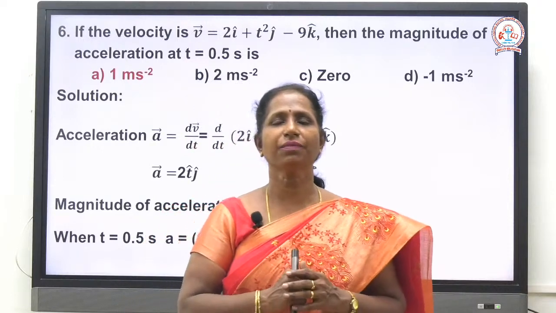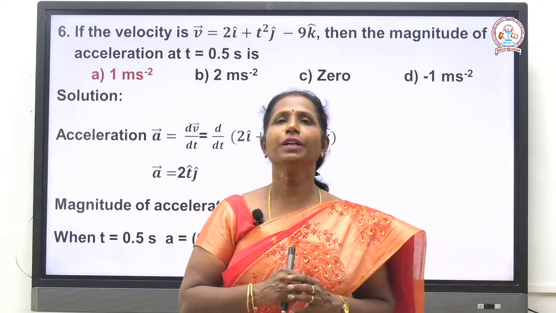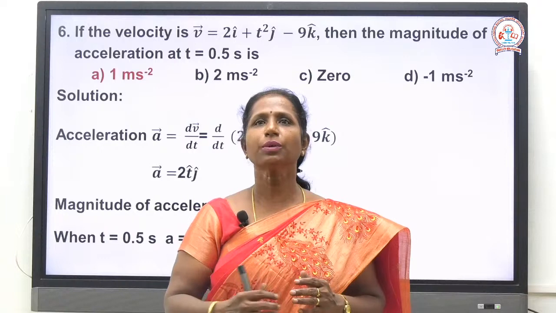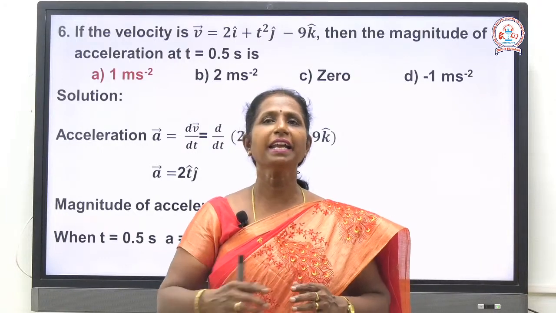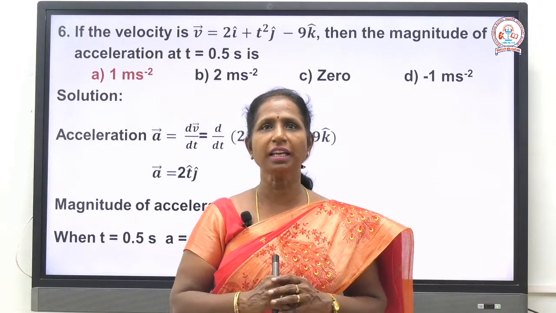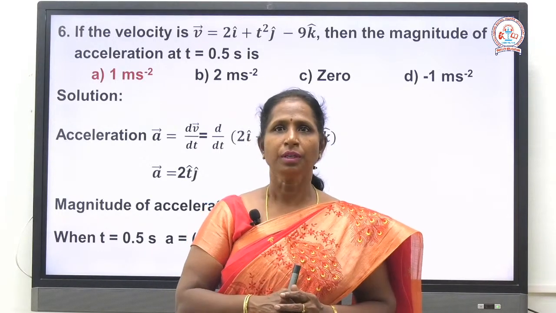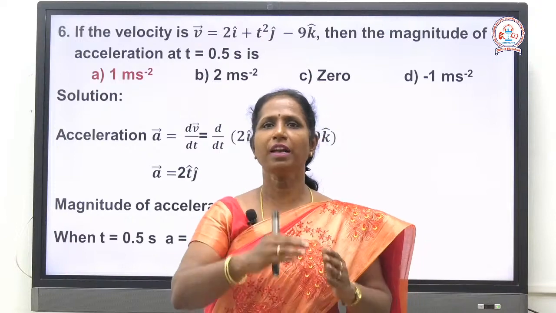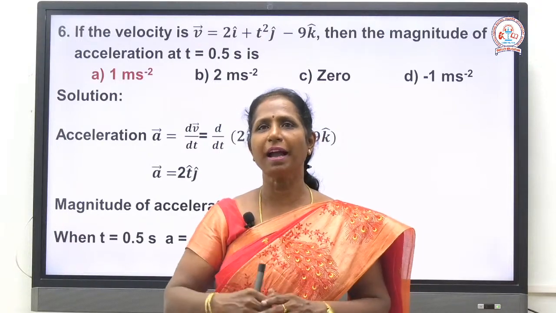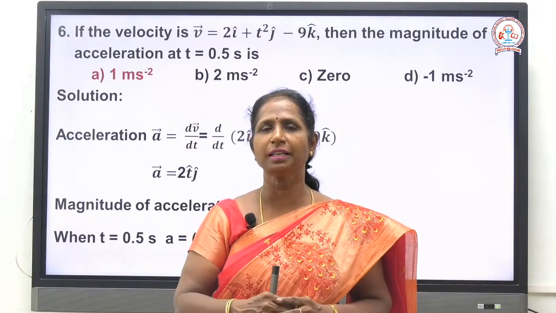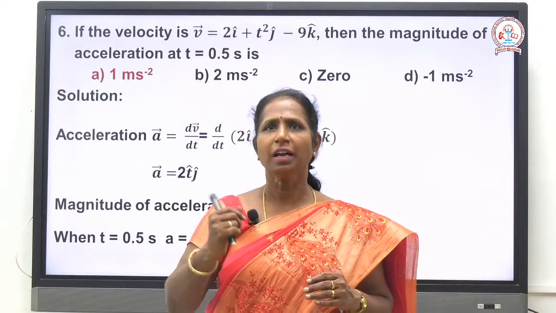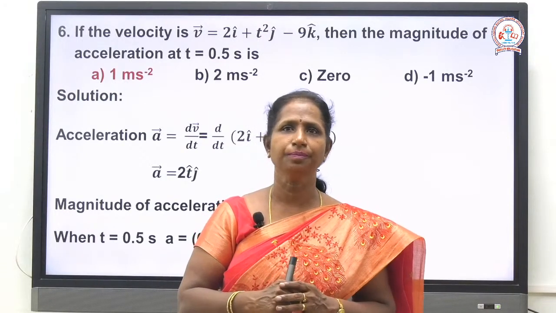Then next we have the sixth, one mark. The velocity vector is v equal to 2i cap plus t square j cap minus 9k cap. We are supposed to calculate the magnitude of acceleration. From velocity, how can we calculate the magnitude of acceleration? Acceleration is nothing but the rate of change of velocity.